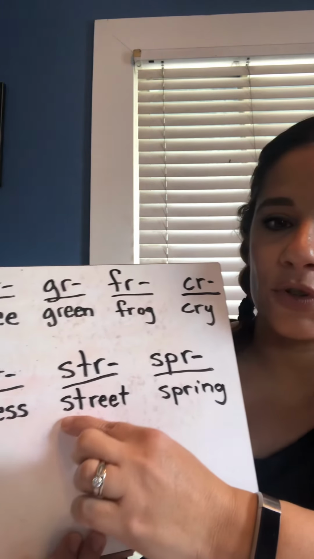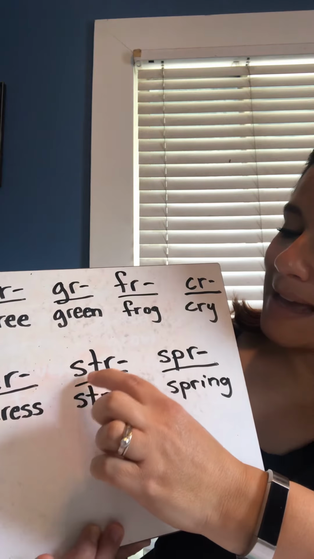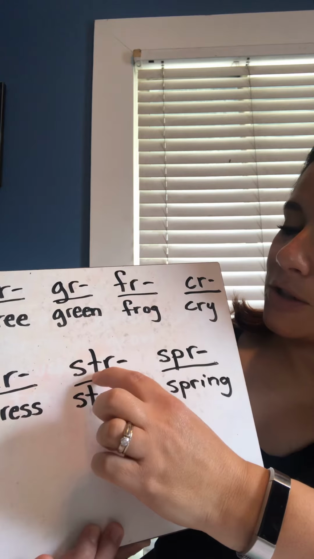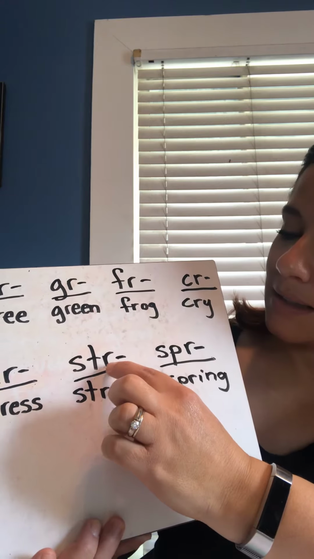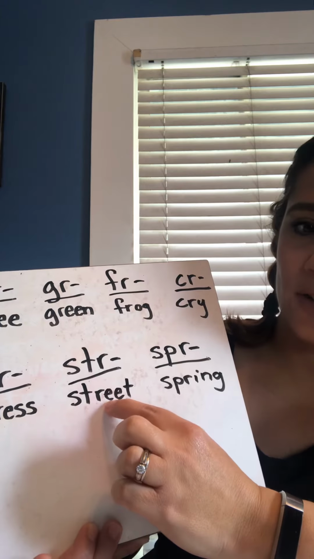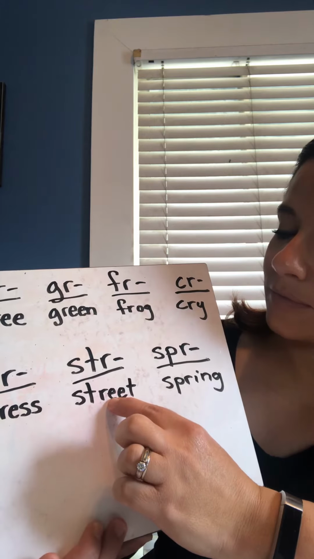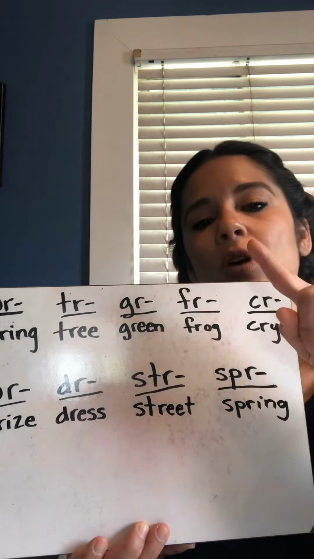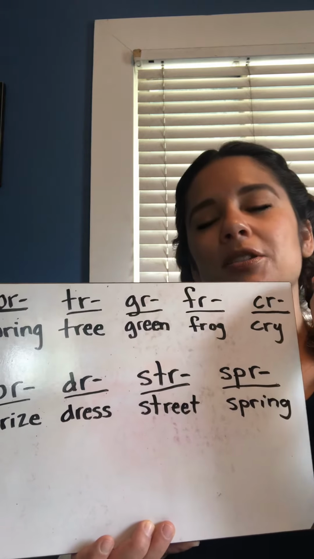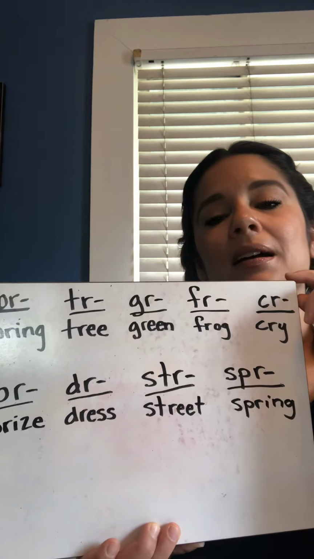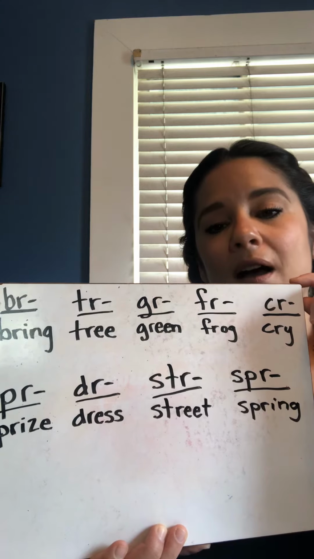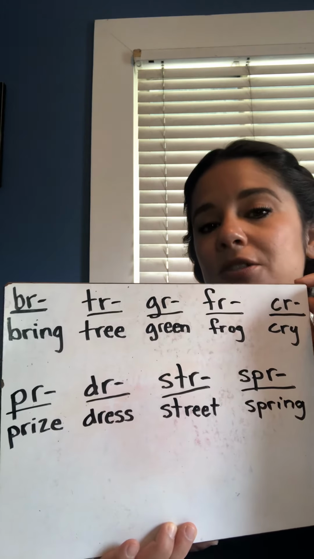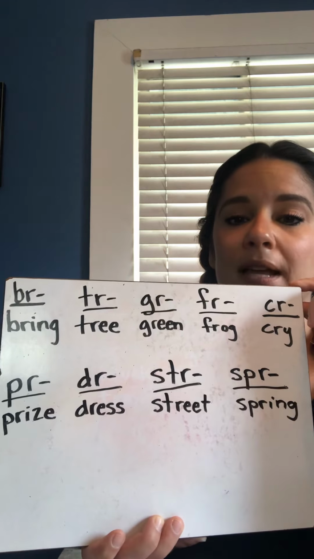Over here for the word street, notice we have STR. That's 1, 2, 3 consonants, and then we have an E down here, and that's the vowel, okay? So each word is containing two or three consonants before the vowel. That makes it a consonant cluster, or you can call it a blend, okay?